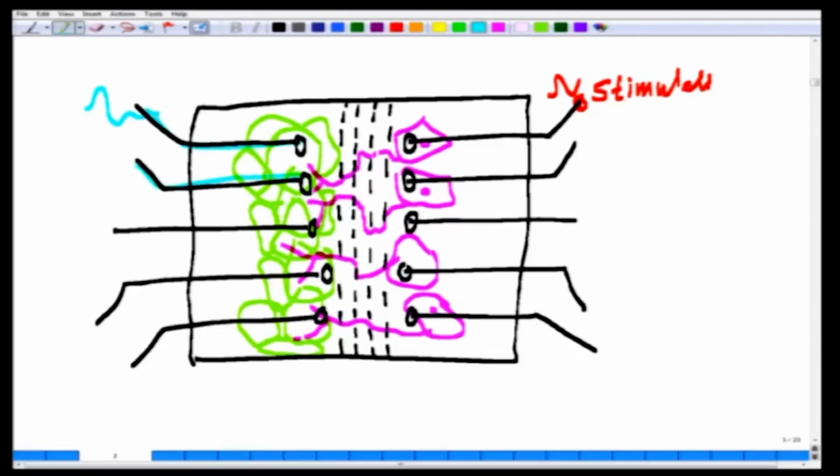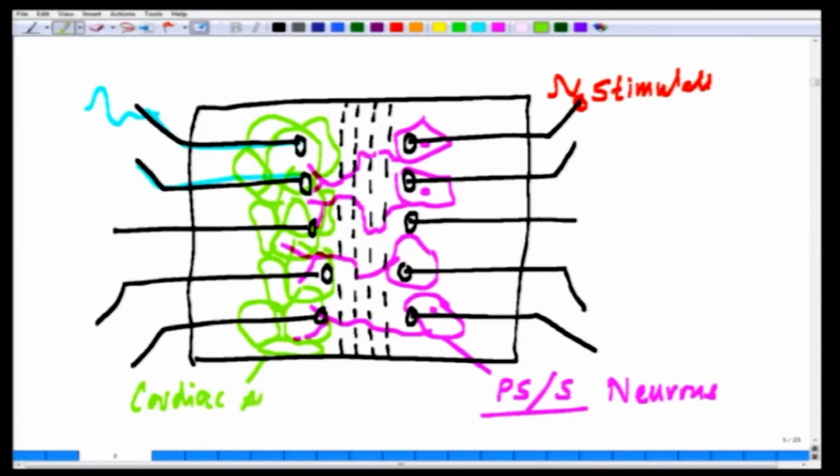So, you could have a one-to-one connection. This side shows the sympathetic or parasympathetic neurons, and on the other side you have the cardiac system.